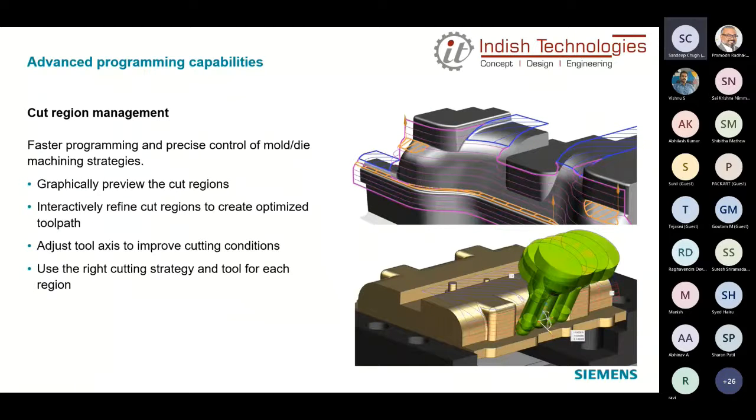When you program a complex part, maybe a mold, NX divides that complete part into multiple regions, and you can have a strategy for each and every region separately. You need not create multiple toolpaths for different subcategories, different areas.